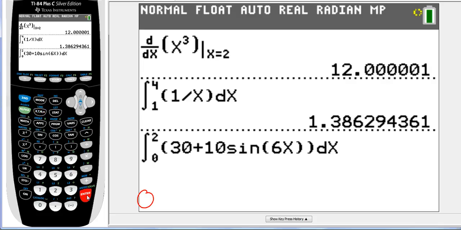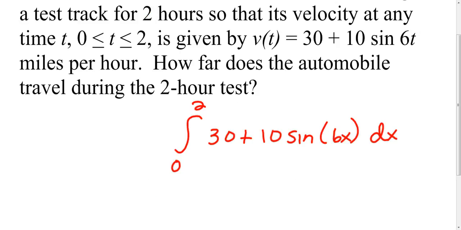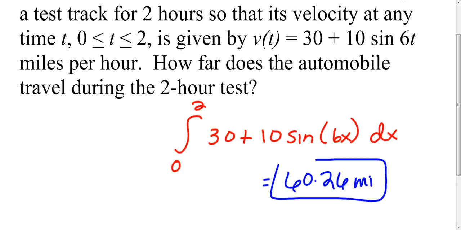Go ahead and hit enter. And you should get 60.26 and your distance for your units. So since it gave you your speed in miles per hour, that means it moves 60.26 miles. Okay, 60.26 miles. All right, and that is that lesson.